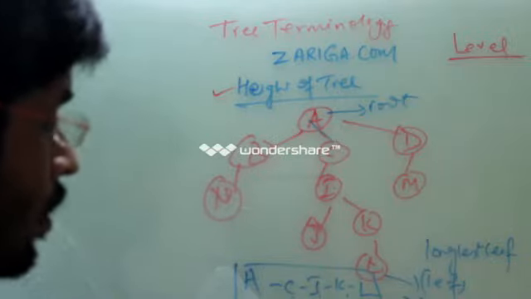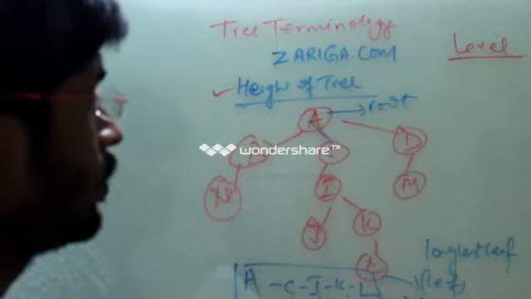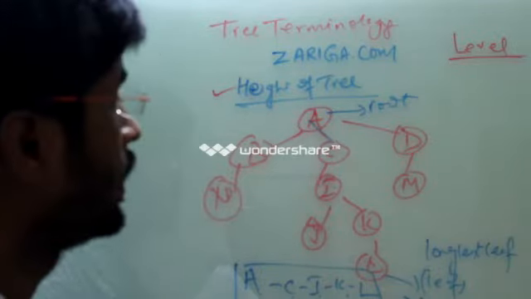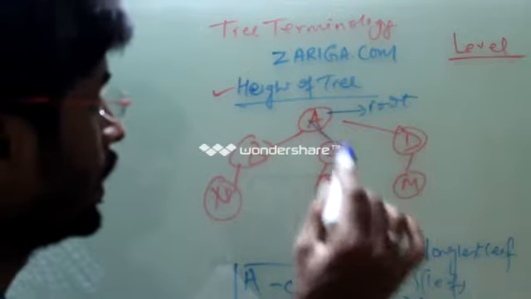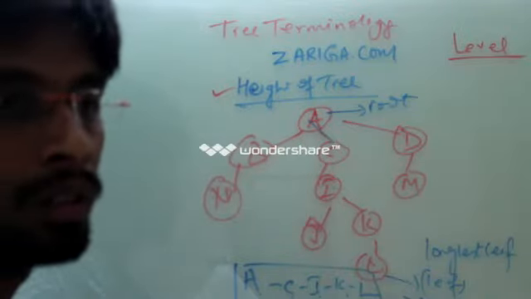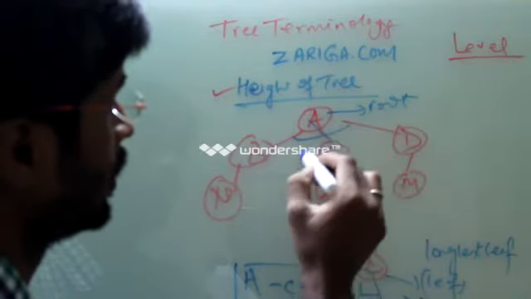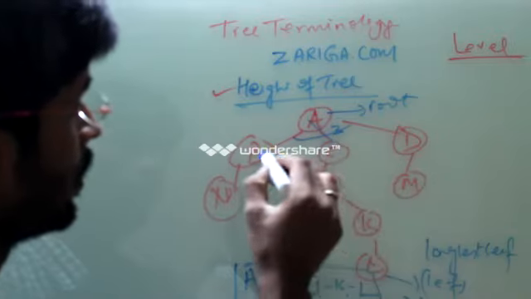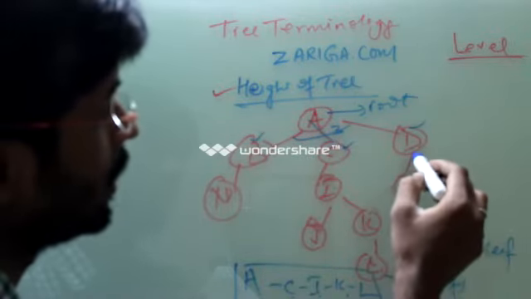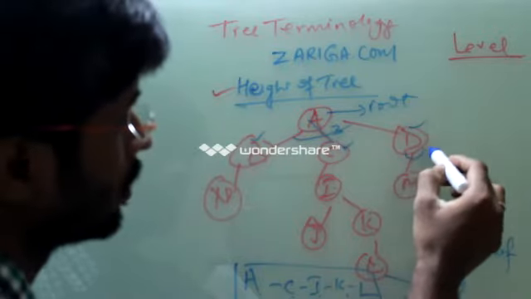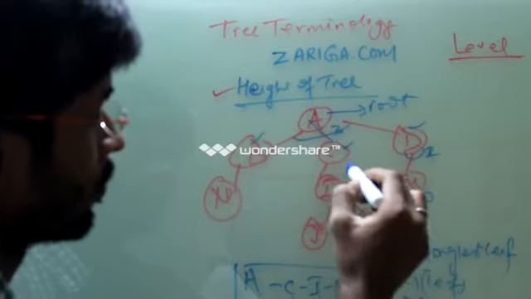Okay. So what is the degree of a tree now? The degree can be said as, from a given node A, how many other nodes can be formed. So the degree of node A is 3 because I can go to B, C and D. The degree of node D is 1. Similarly, the degree of node M is 0.